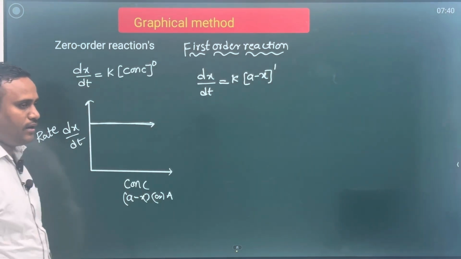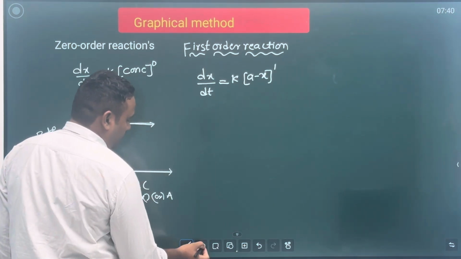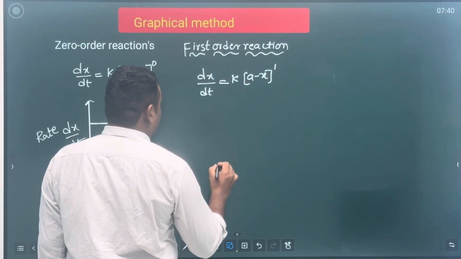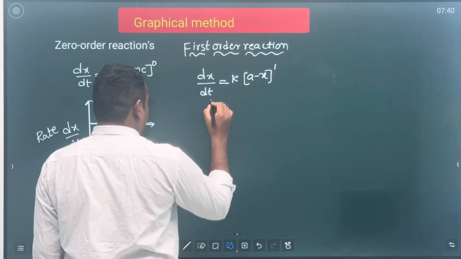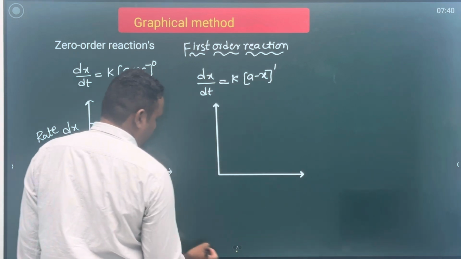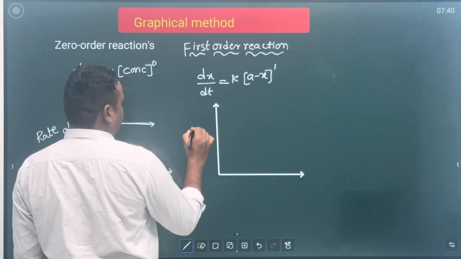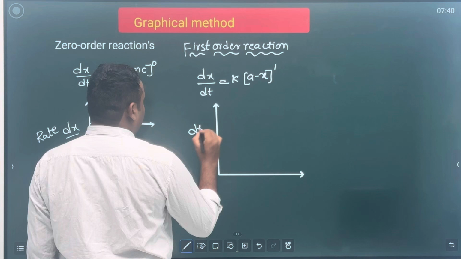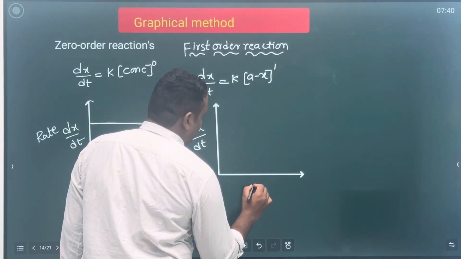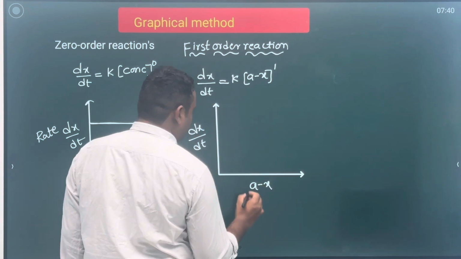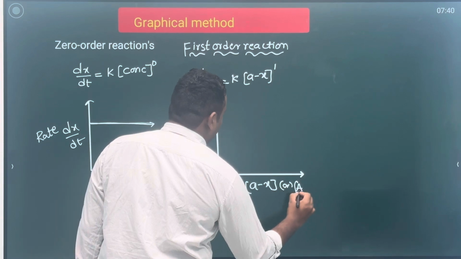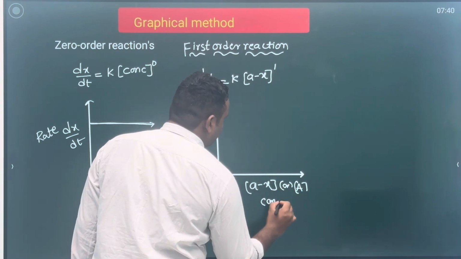So when you plot a graph between the rate of reaction, that is dx by dt, versus concentration, that is a minus x, or you can take a, or else you can take concentration.